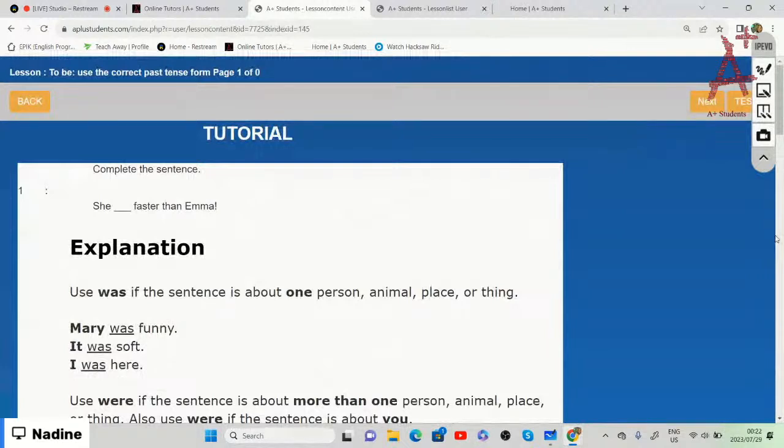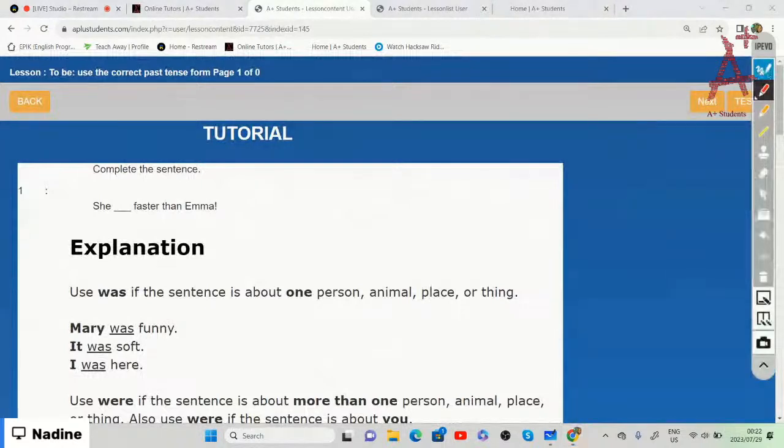And since we are referring to basically one person, we can say she was faster than Emma, right? And was gives us an indication that we are basically referring to or discussing one person. Was.